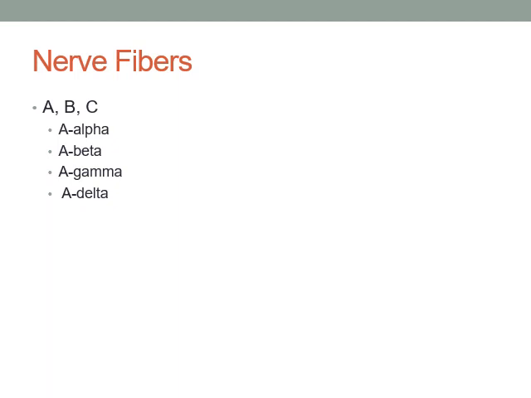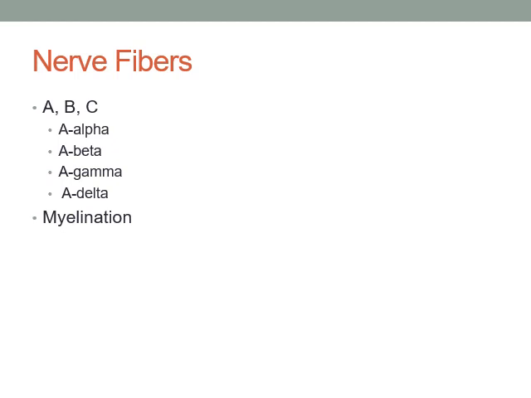So A delta is sensory, but they transmit pain, particularly pain from acute injury, okay? They also transmit temperature as well, but pain's commonly the thing. Those of you in both athletic training and physical therapy, when you learn about therapeutic modalities and pain and how to stop that, you'll learn about the A delta fibers and the influence of pain from those particular fibers.